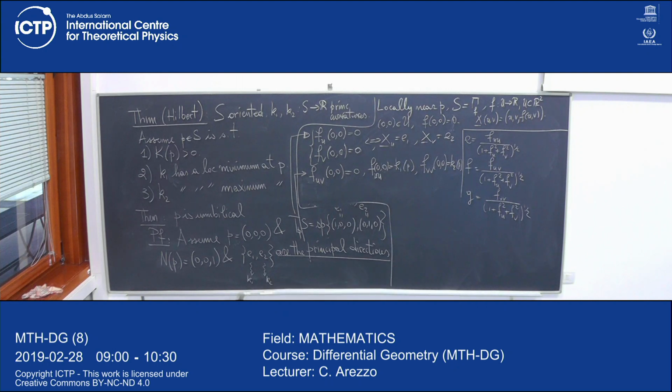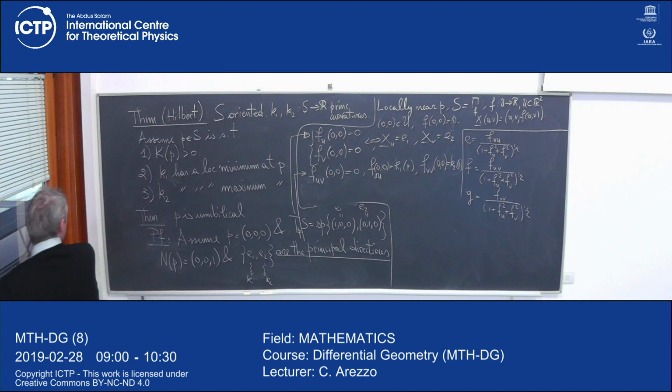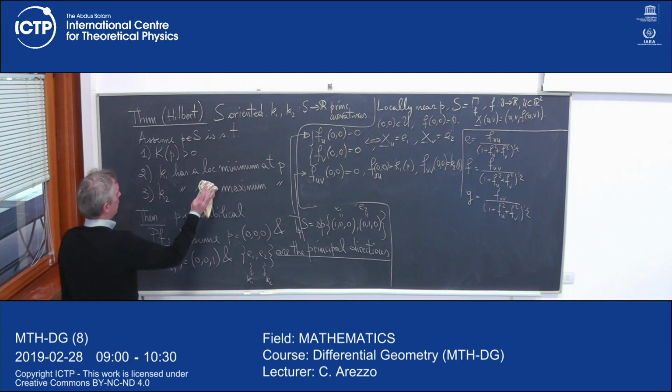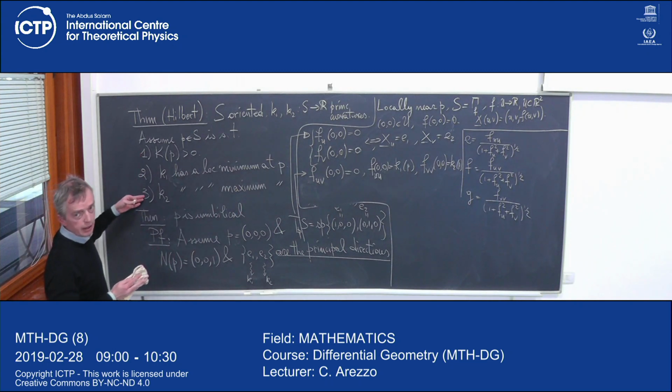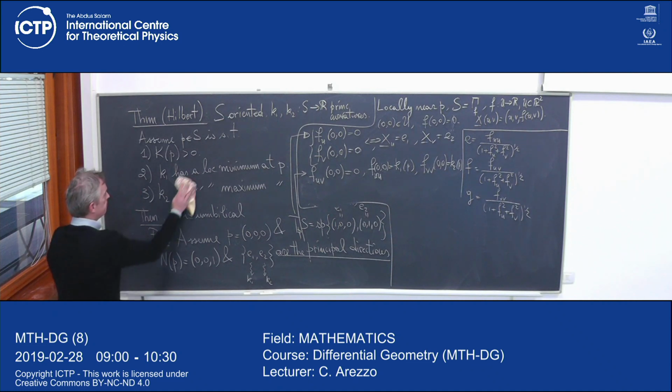And the blackboard is incredibly small, so I need to keep them. Remember the three assumptions, okay? Elliptic, minimum for the small, maximum for the big. I mean, that's the way I remember, okay?